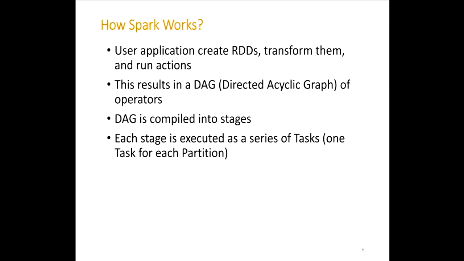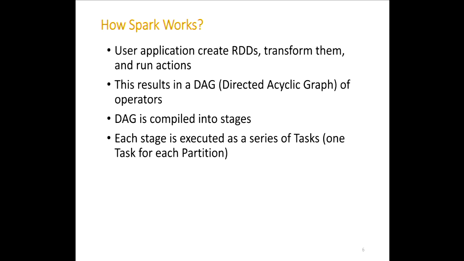So in general, if you want to look at how Spark works, your application creates an RDD, either loading from a file or parallelizing some data, as we mentioned before. Then you apply some transformations on this RDD and actions that execute these transformations.